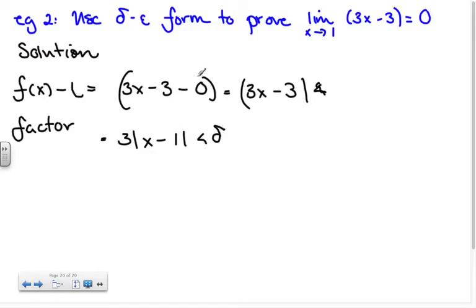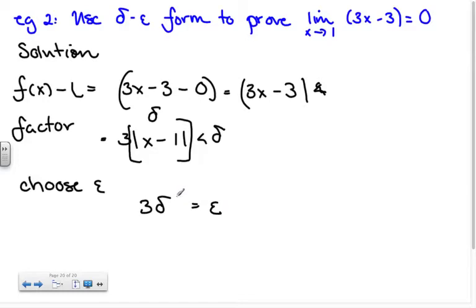Now, to prove that this is true, I have to, of course, choose an epsilon. So this x minus 1 becomes delta, so we have 3 times delta equal to epsilon. And I want to show that this is true. How do I do that?